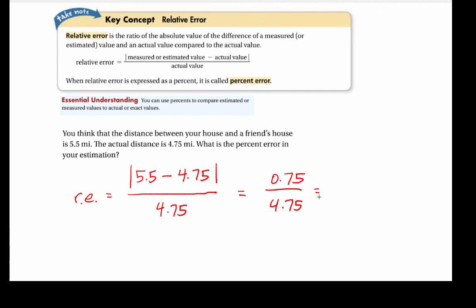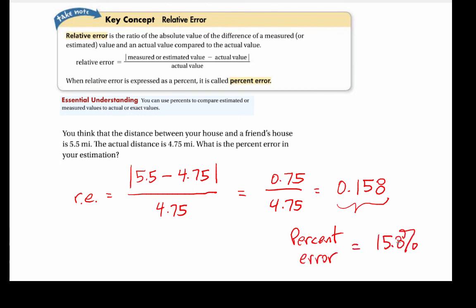So the relative error here is 0.158, rounding to the nearest thousandth. It's asking us, what is the percent error in your estimation? This value is not a percentage, so we have to multiply it by 100. So the percent error is 15.8%.